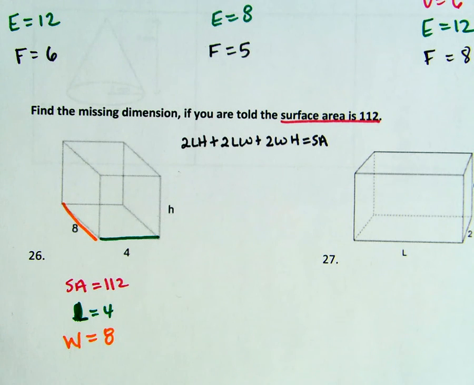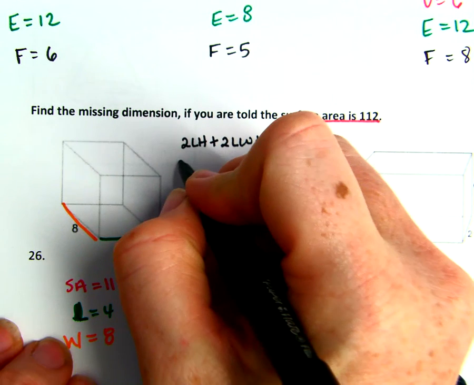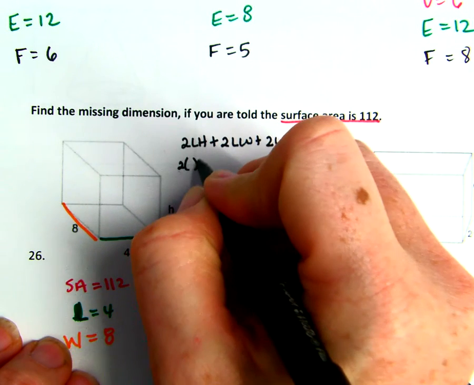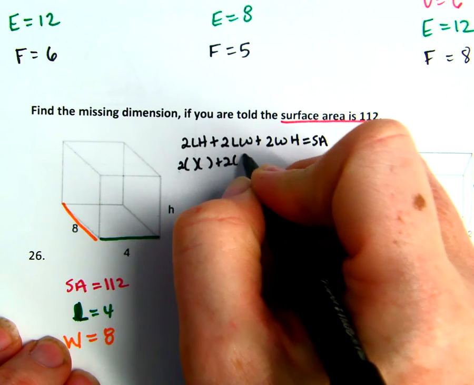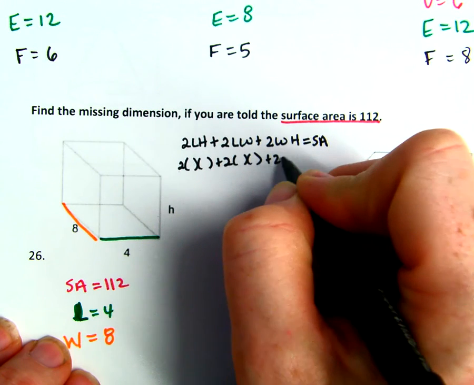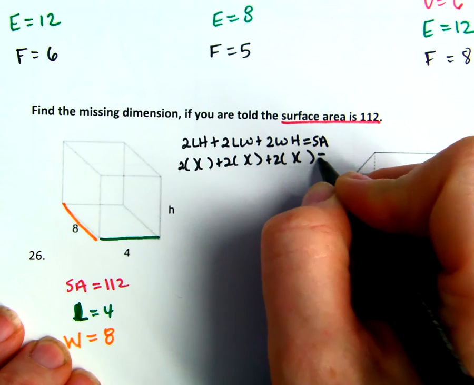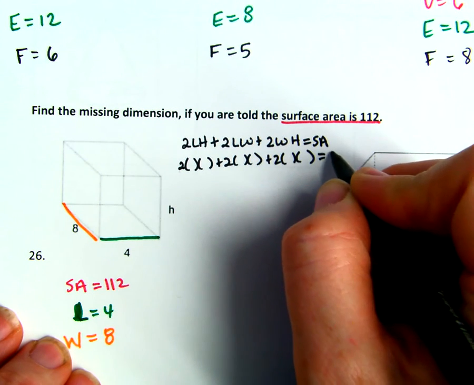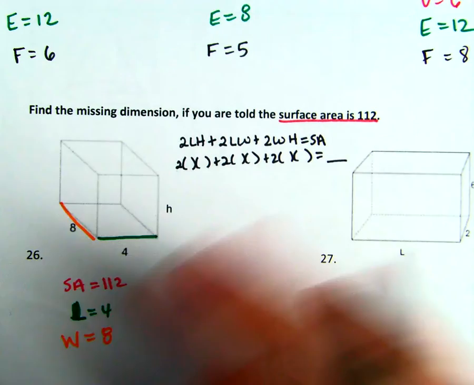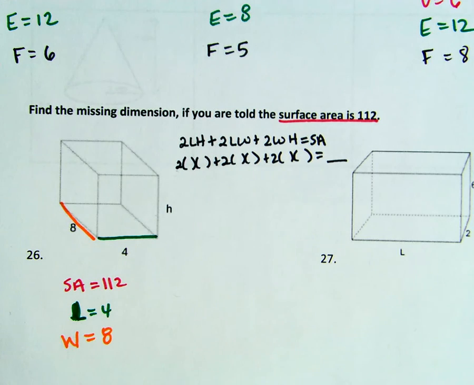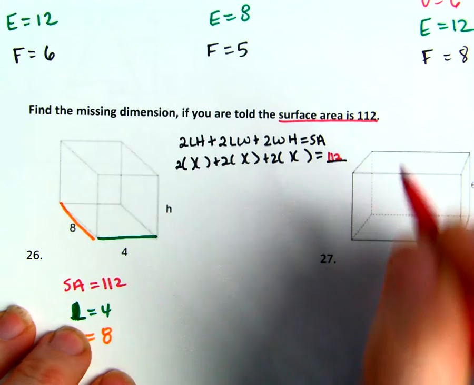When I go to plug in, I'm going to think to myself: 2 times something plus 2 times something plus 2 times something equals my surface area, whatever it ends up being for this particular problem. In this problem, my surface area is 112.